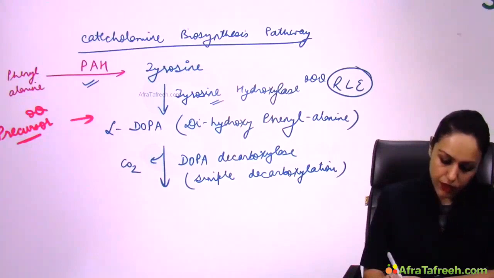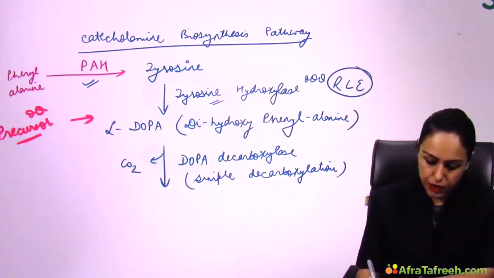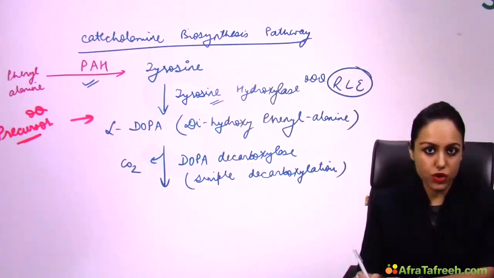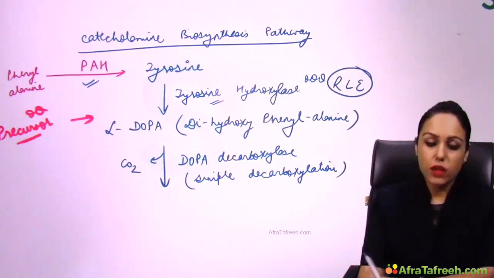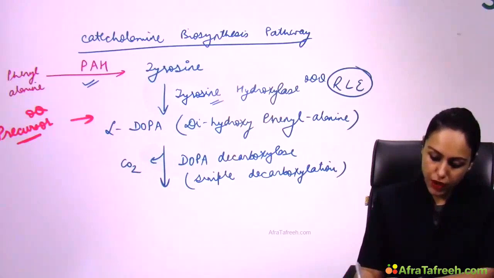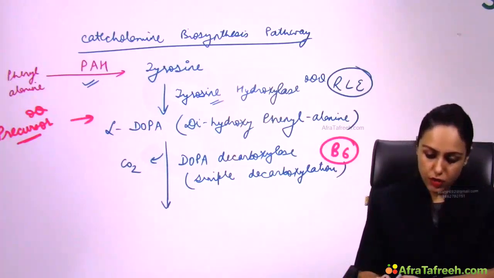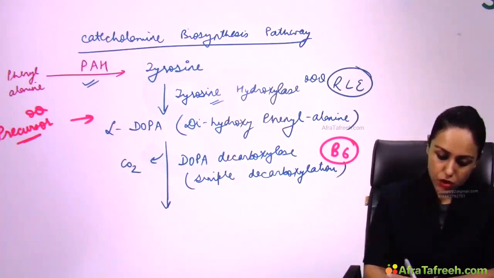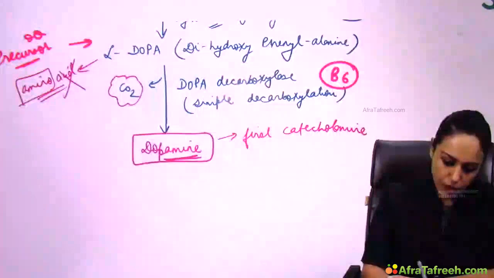Here carbon dioxide will be removed and it is a kind of simple decarboxylation. I told you there are two types of decarboxylation, simple and oxidative. So here it is simple decarboxylation, and I told you that in simple decarboxylation the vitamin which is required is B6, right? So now see here what is happening after decarboxylation. You can consider L-DOPA is a kind of amino acid.